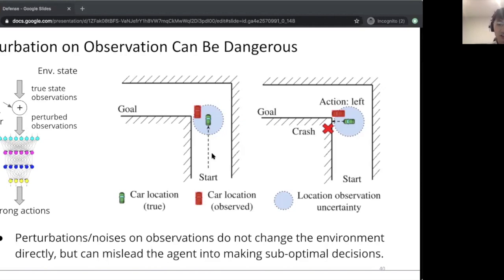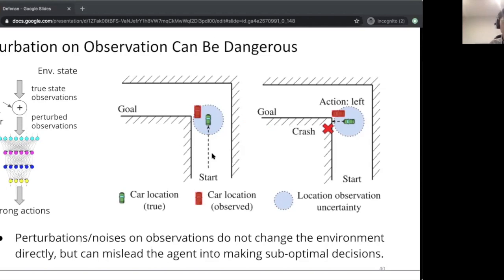Here the green icon is the true position of the car, and the red icon is the observed position of the car under uncertainty. Because there is some deviation in the observed position, the car may turn left too soon and crash into the wall.